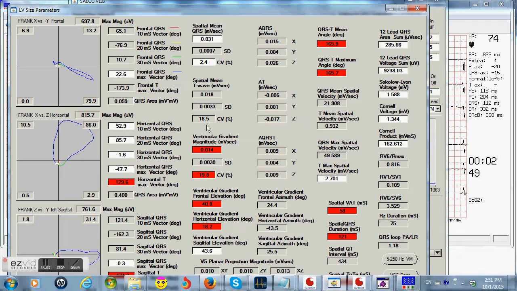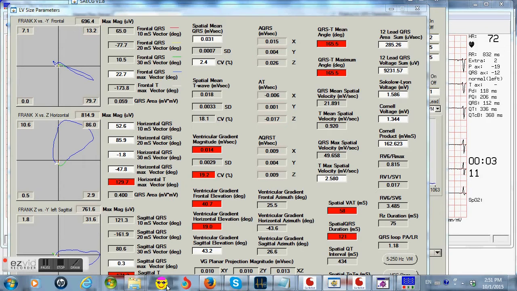Other abnormalities as well, a very small and low spatial ventricular gradient. We see abnormalities also in the orientation of things three-dimensionally. And the spatial ventricular activation time, or VAT, is also increased. So we see lots of different and fairly severe abnormalities in the 3D ECG in this patient.